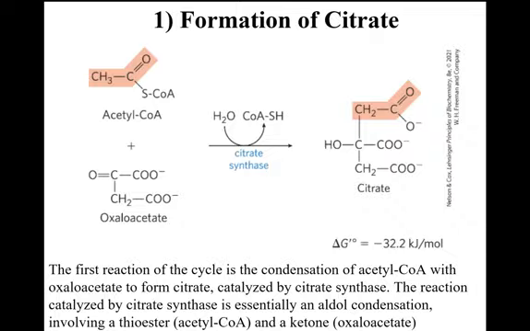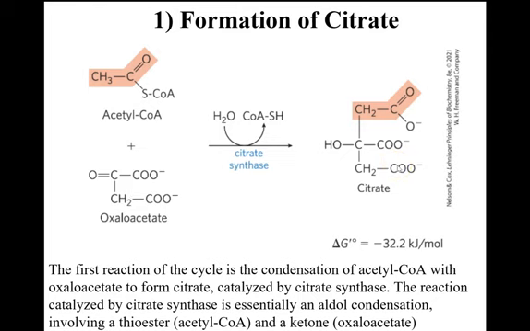This first step utilizes citrate synthase as the enzyme, and water contributes. The product is that coenzyme A gets freed, and the acetyl group attaches to the oxaloacetate to make citrate.